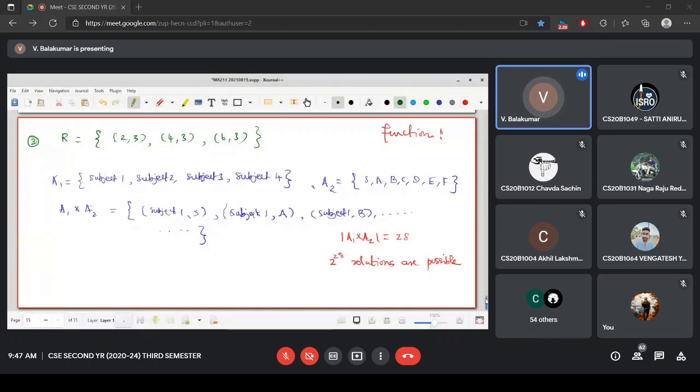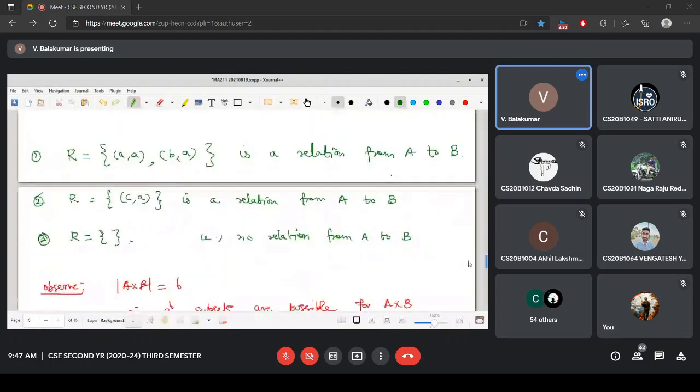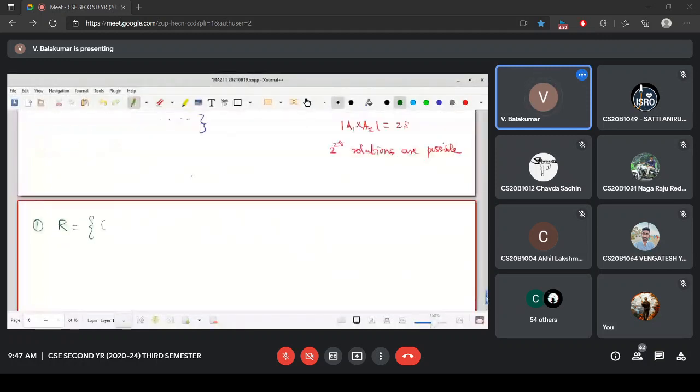Maybe a few examples you can give me in the next slide. One example you are giving me. So 4 subjects, 7 grades. Somebody give me a subset. I'll write it down. Somebody give me please a subset for this A1 cross A2.